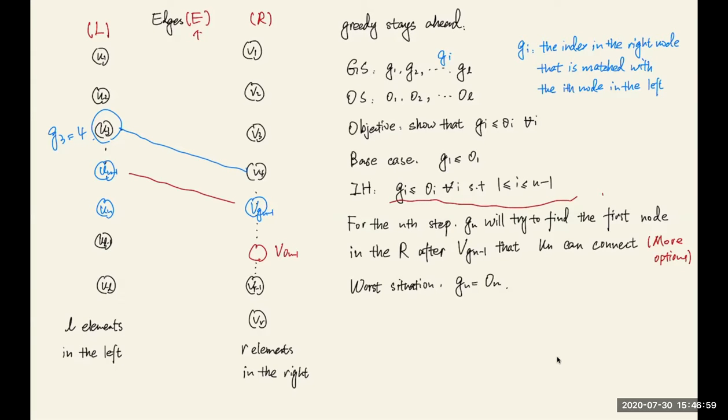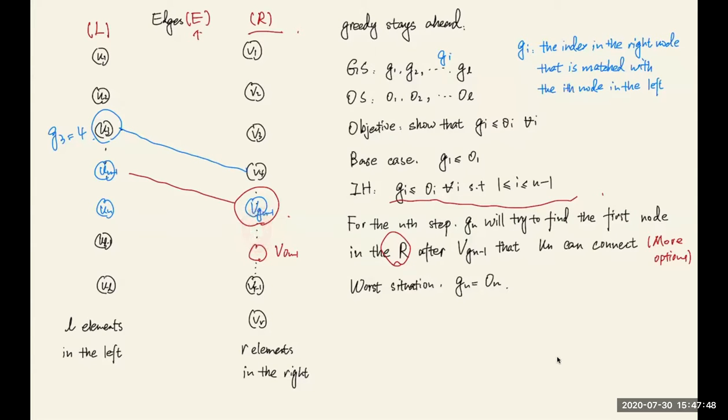For the end step, Gn will try to find the first node in R, the right side, after G of n minus 1, that Vn can connect to. Because of the induction hypothesis, the n minus 1 node that the other strategy connected with is definitely well behind the n minus 1 node that the greedy strategy connected with, right? So basically we have more options here.